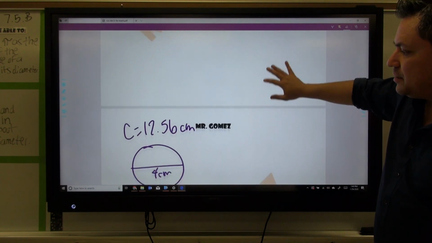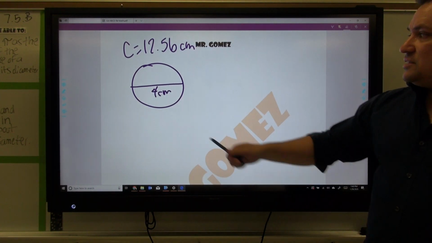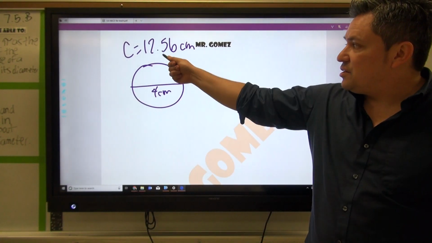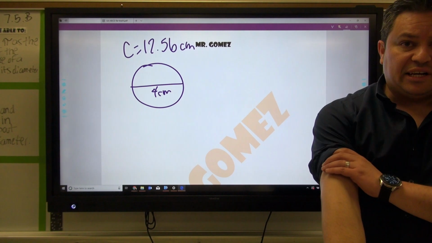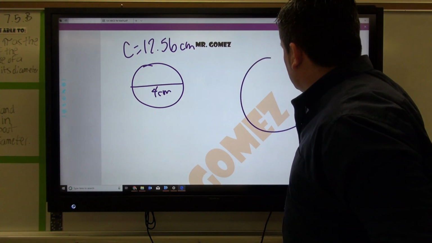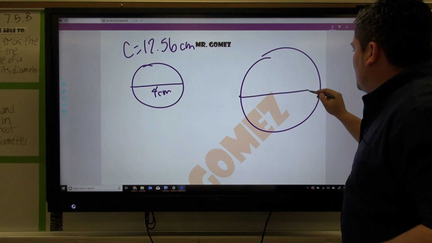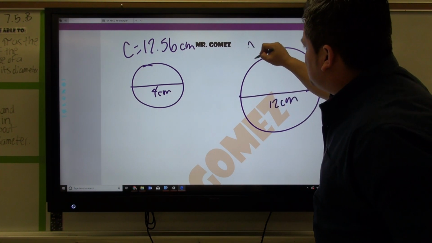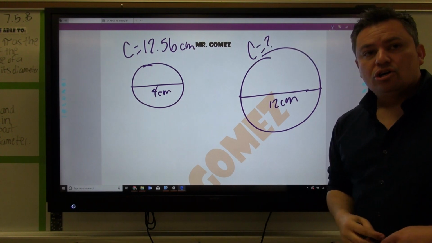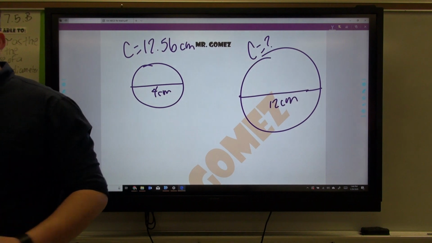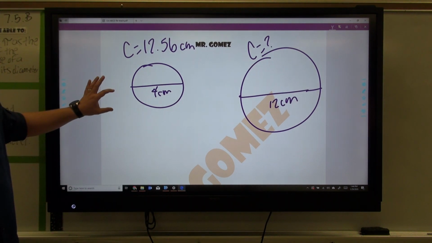Now with that being said, let's say I have a small circle with the diameter of 4 and a circumference of 12.56. And I have a larger circle with a diameter of 12 centimeters. What is my circumference? So just like we did on similar figures and scale drawings, we're gonna do the same thing right here.